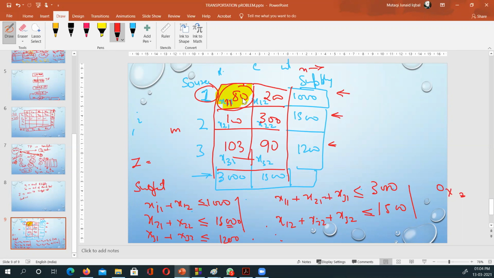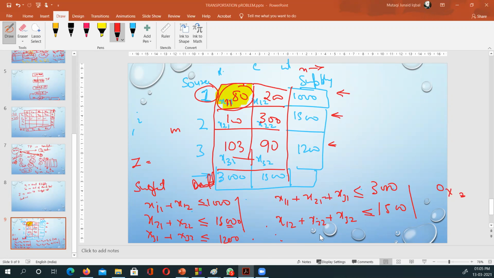So it will be 6 items, this plus this plus this plus this, this plus this. Each is x ij into c ij, summation of all of those. And in constraints, how many constraints will I have? M plus n, that is 3 plus 2, that is 5 constraints. 3 constraints for the supplies here and 2 constraints here for the demand, because this is the demand here, right? Does it make sense what I'm doing?